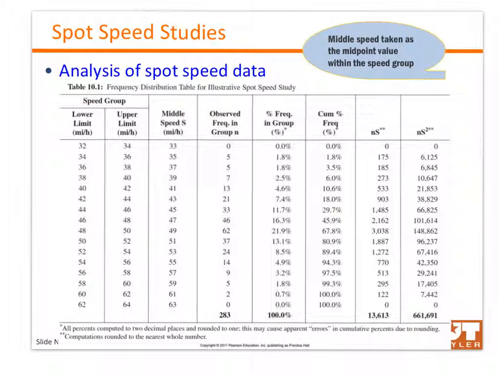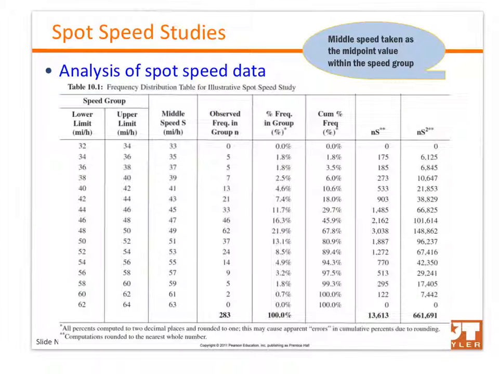Basically, it's the number of observed vehicles at any certain speed over the total times 100%. For example, again, the 62, which is the highest frequency, 62 over 283 times 100 is going to give you 21.9%.